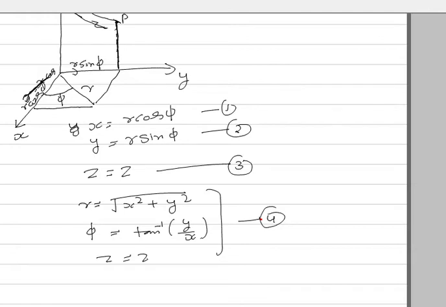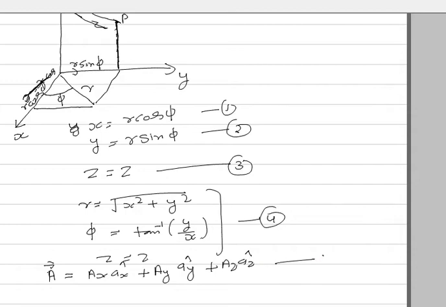Basically, there are two steps for the transformation of a vector function from one coordinate system to another. First of all, write the vector in the coordinate system which you want to convert into another system. Suppose I write a Cartesian vector, ax unit vector ax plus ay unit vector ay plus az unit vector az.